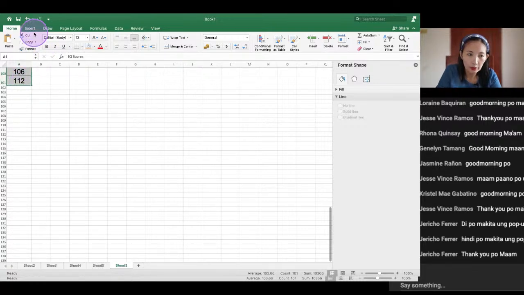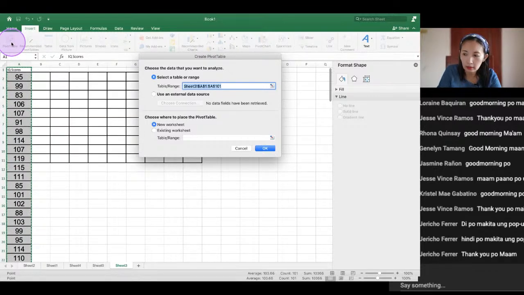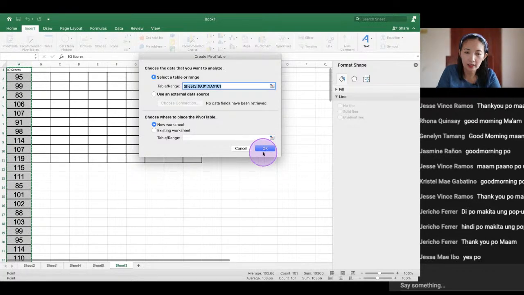Okay, so insert pivot table. Can you see the pop-up now? There is the pop-up. And then, click OK.